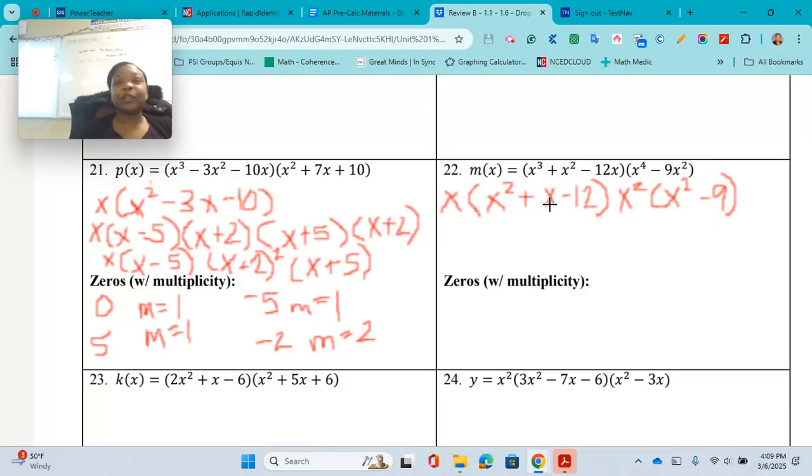Two numbers that will multiply to give me negative 12 and add together to give me positive 1. A negative 3 and a positive 4.